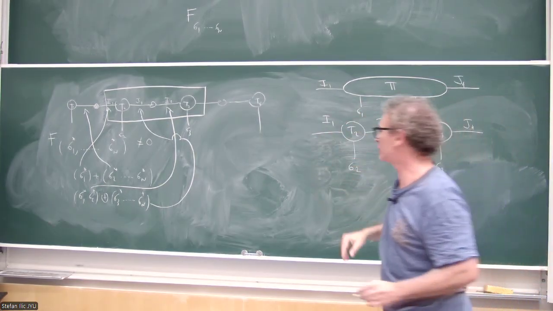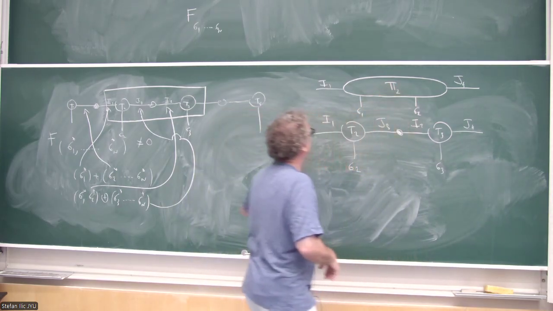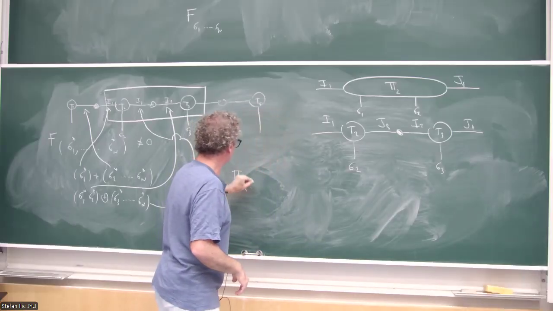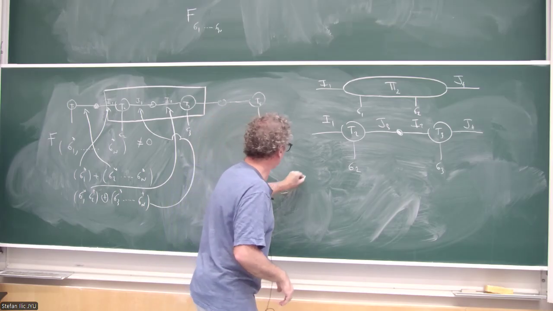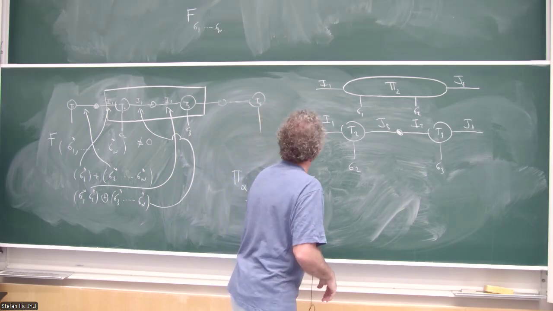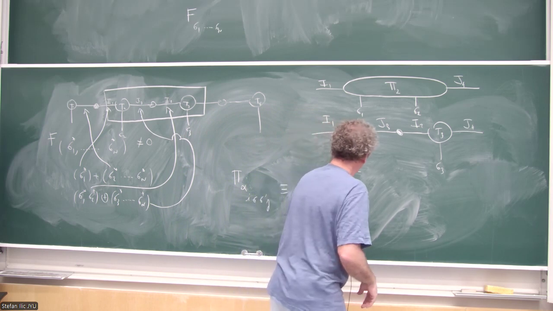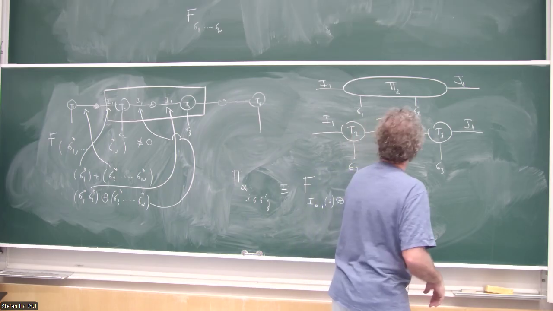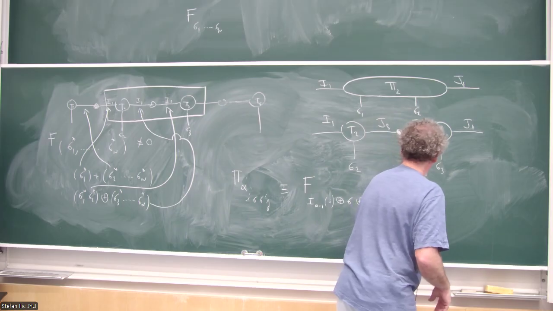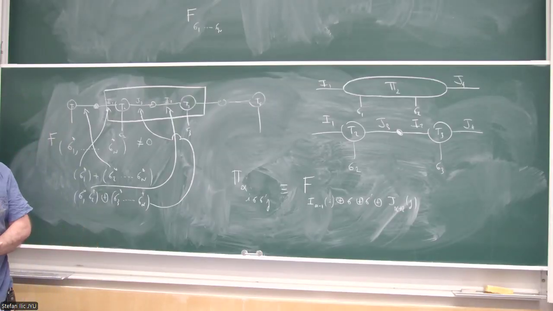So if you want a formal definition, pi alpha index I sigma sigma prime j is defined as F index I alpha minus 1 of I plus sigma prime plus j alpha plus 2 of j. It's a slice that actually contains both the T2 and T3.